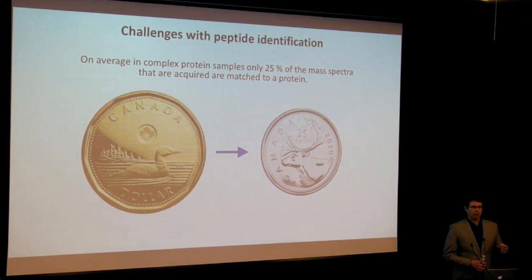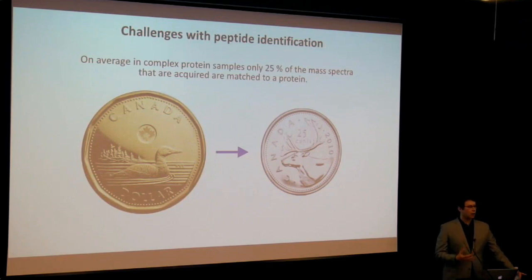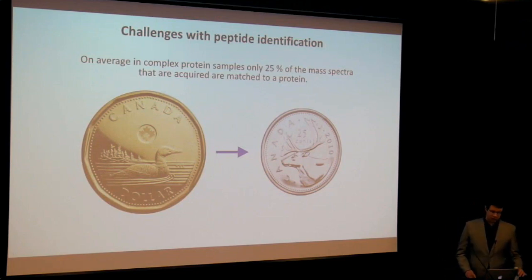That means that for every dollar you spend on your proteomics experiment, you basically get only 25 cents of biological information. In a world where grants are not easy to get and money is definitely hard to get in medical or biomedical sciences, this is not an equation people like. It's a lot of money invested and not a whole lot of return in terms of information.